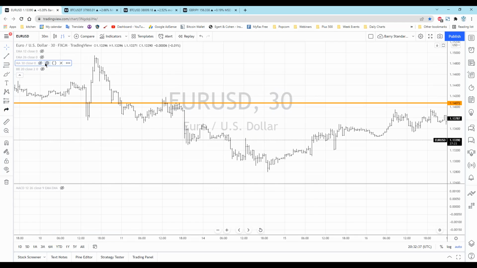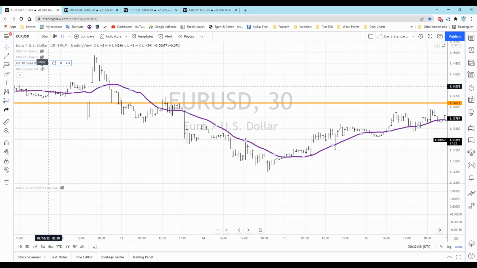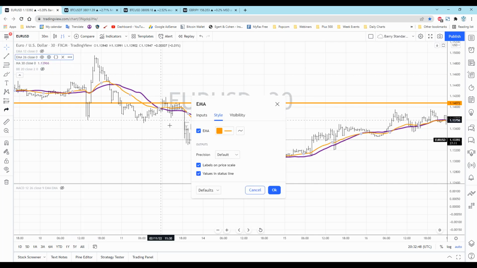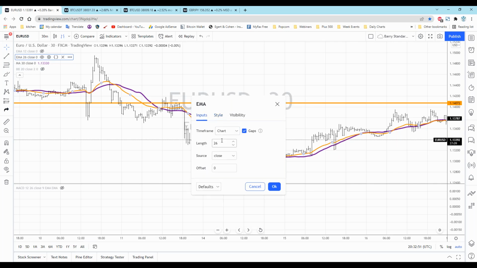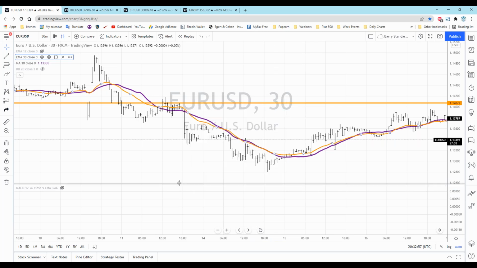Okay, so the purple line is a 30 period simple moving average. And now the gold line is the same period, and it's a 30 period EMA, an exponential moving average.